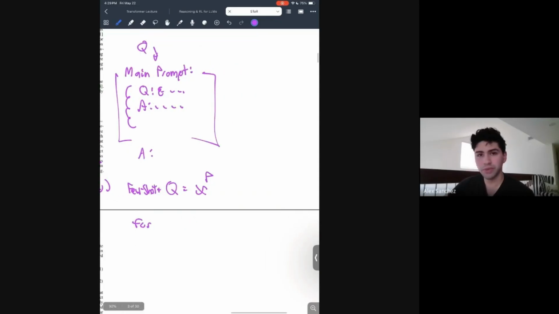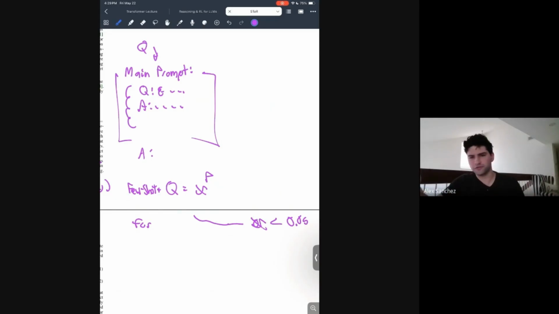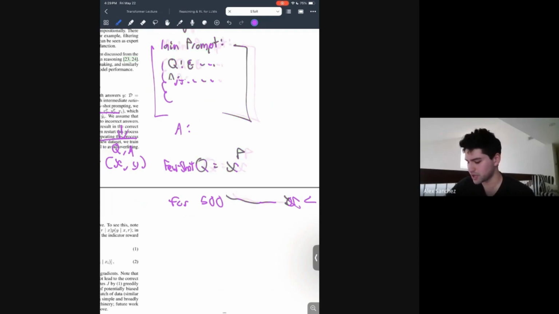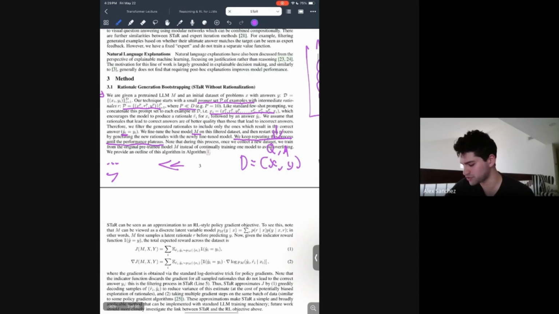I guess what they mean is that they're measuring the validation loss, and when the validation loss doesn't drop, or drops less than 0.05, the drop is less than 0.05 for like 2 steps, then they just stop. So you're not going to see a set number like 5 iterations, 50 iterations, or 500. You're not going to see that. They do it until performance plateaus.